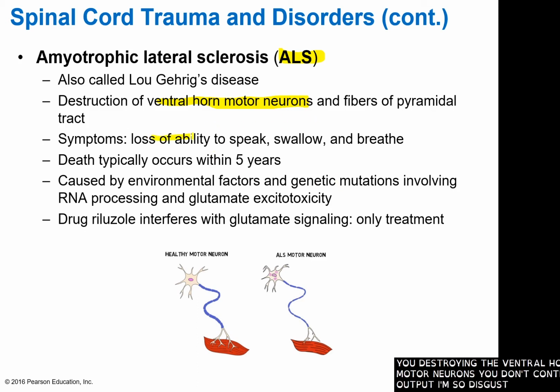So this causes a loss of the ability to speak, swallow, and breathe, and death typically occurs within 5 years. A very, very debilitating and progressive disease caused by environmental factors, genetic mutations involving RNA processing, and glutamate excitotoxicity. And some drugs can interfere with that glutamate signaling, and it's the only treatment right now. And it deals with the destruction of those motor neurons.